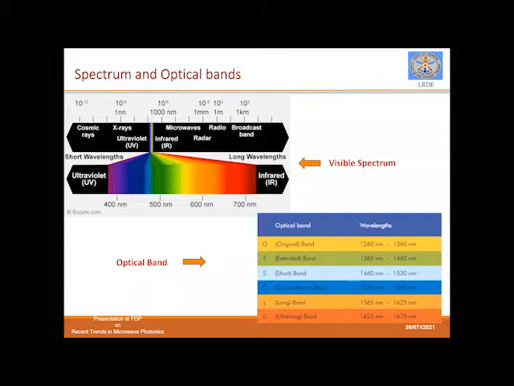If we deal with photonics, this also has different bands of operation. Basically we use the S, C and L bands, named short, conventional and long band. It starts from 1460 to 1625 nanometer.